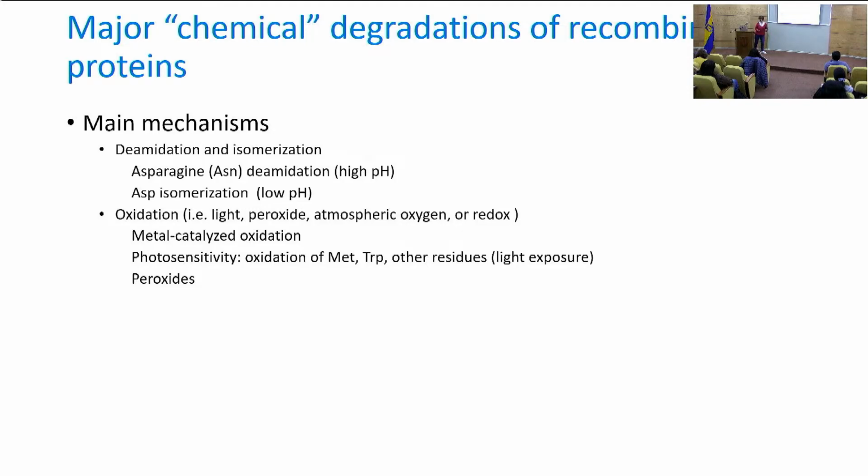And we also have a problem of oxidation that could occur under light, peroxide, atmospheric oxygen, or redox sensitivity. That could be related to metal-catalyzed oxidation and photosensitivity. Mainly methionine and tryptophan are oxidized, or also due to peroxide.